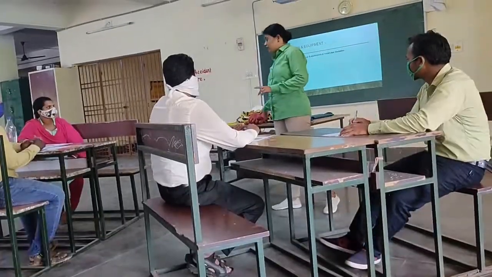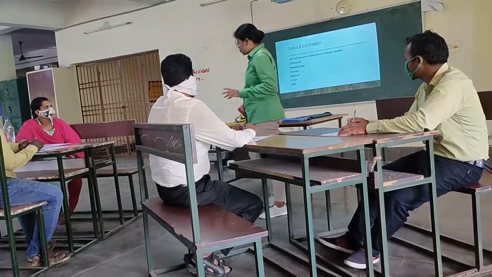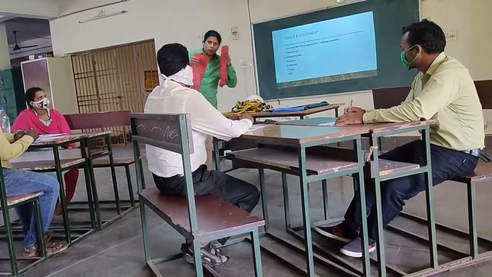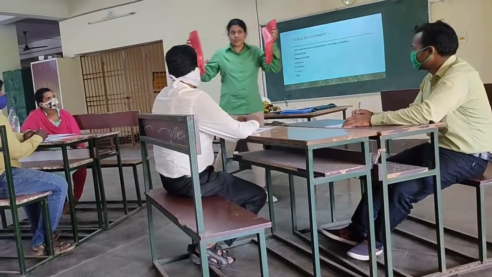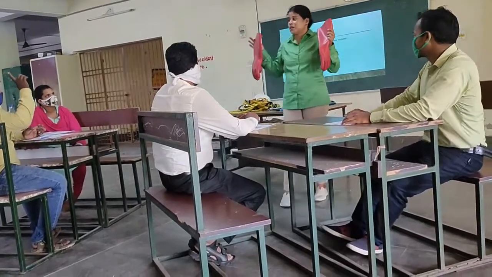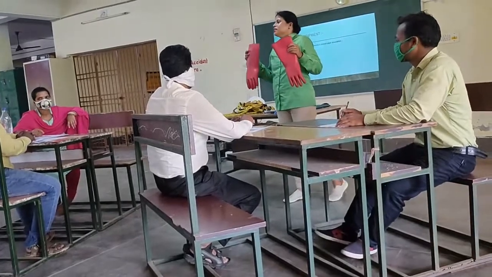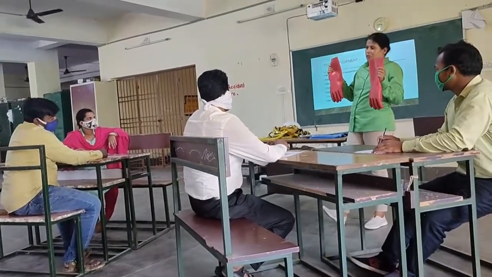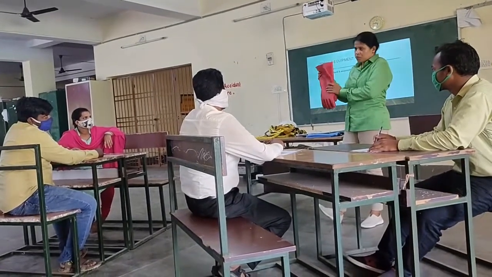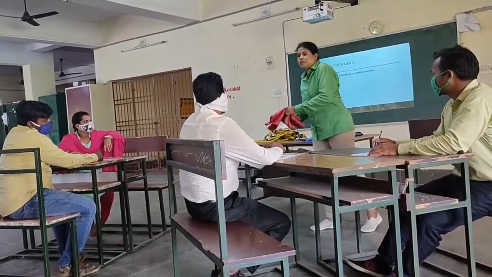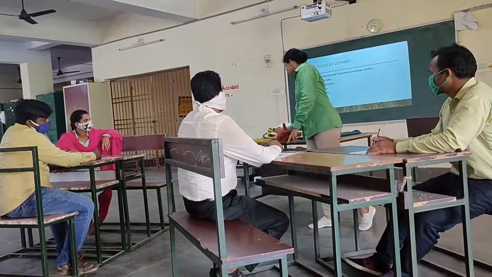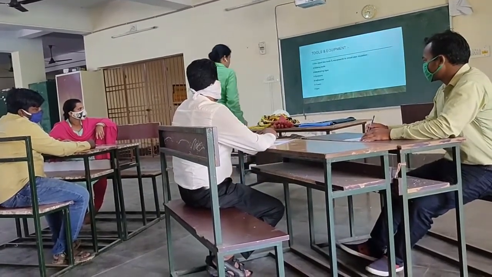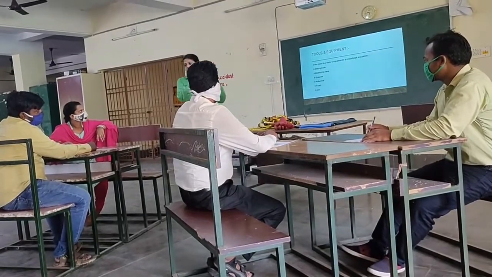In today's hands-on practice, we have to use some safety hand tools. What is the name of this? Safety hand gloves. We use these while handling electrical installation lines or any live wires. And what is the name of this?